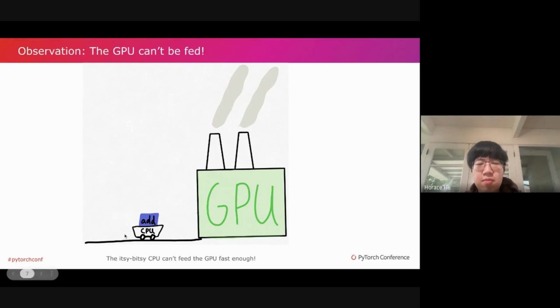This is perhaps a little bit surprising to folks, because the CPU is basically doing nothing except telling the GPU what to do, and somehow the CPU cannot keep up. But here's the difference: the CPU is basically a single-threaded Python interpreter, and it's just not very optimized for speed and latency.